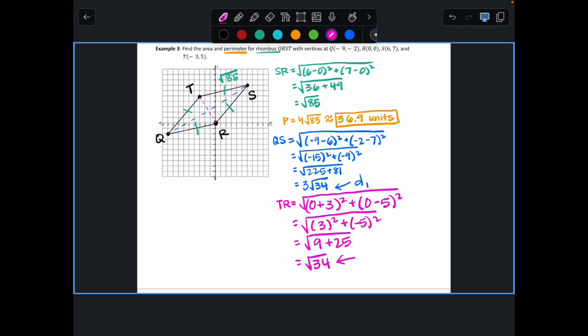So that's my D2. So for area, I have 1/2 times diagonal 1 times diagonal 2.